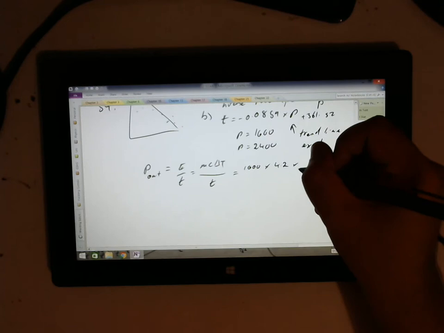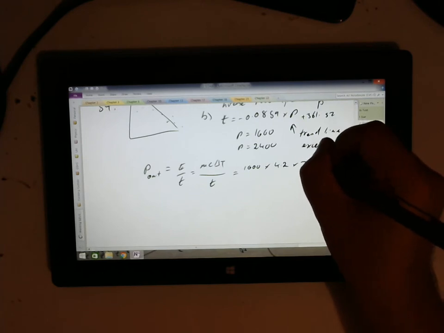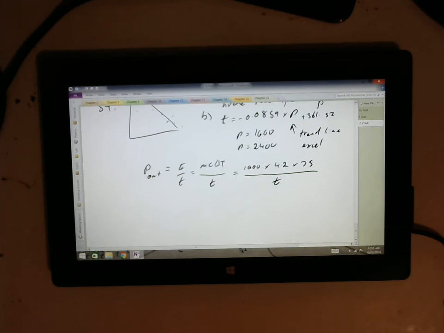The delta T, well, they tell us that it starts at 25 degrees. Boiling water goes to 100, so let's say that that's 75, and we would divide that by the time. Now, if you do that for every single one of those examples there, you're going to have the same energy on top, but you have different time, you would then be able to work out the efficiency for each.